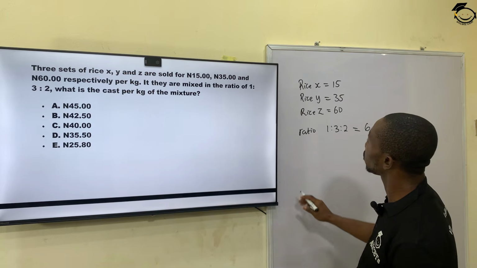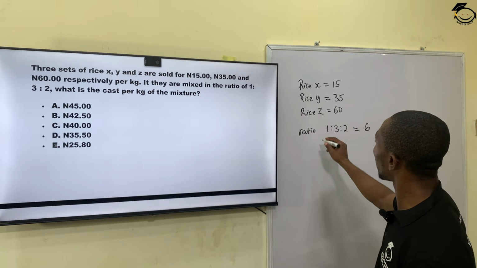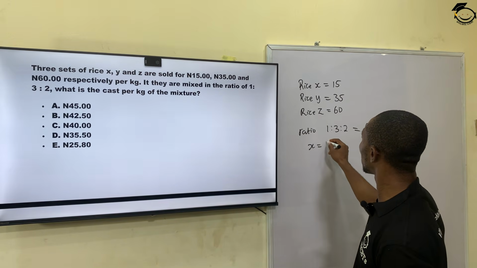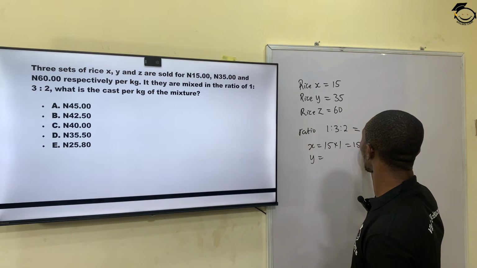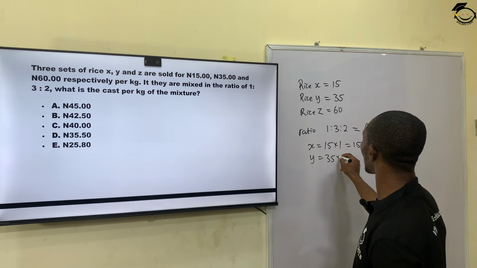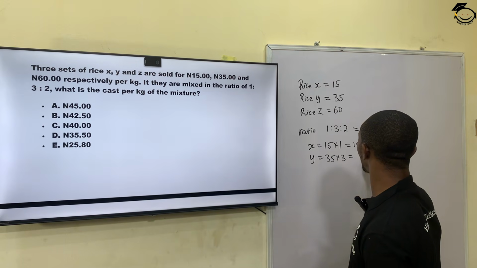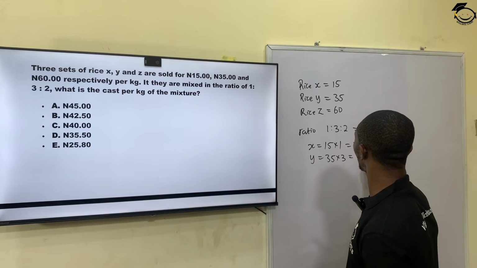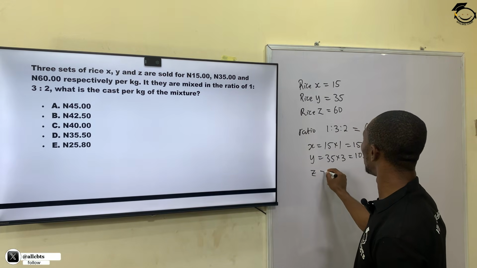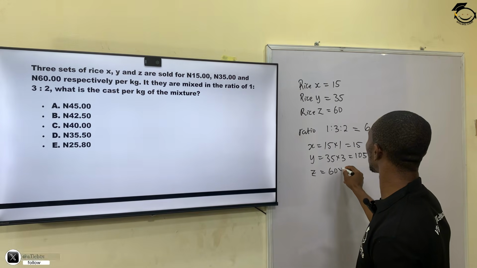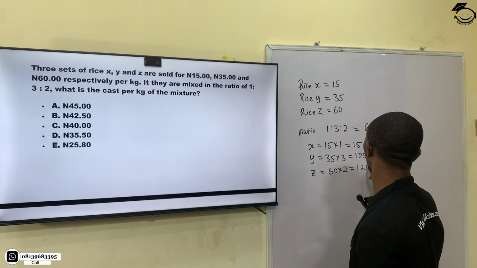Now, if they are mixed, for X will give us 15 times 1. For Y will give us 35 times 3, which is 105. And for Z would give us 60 times 2, which is 120.